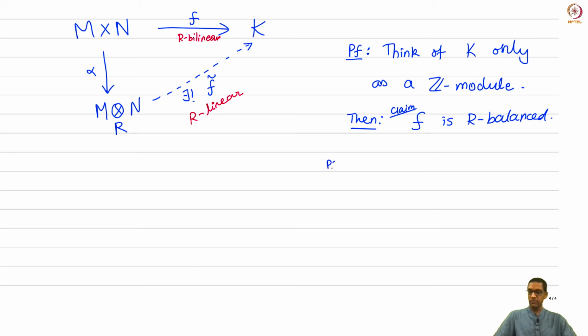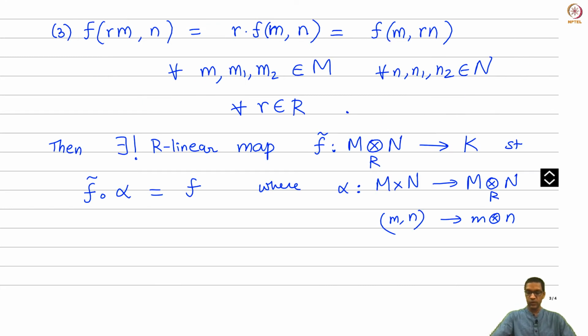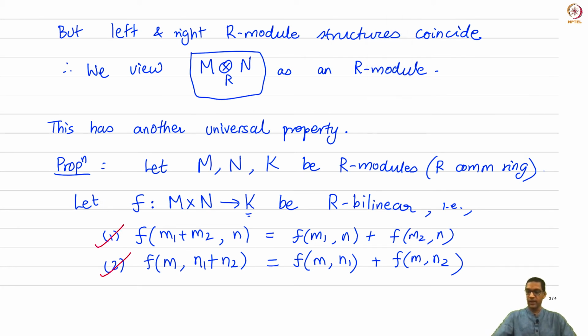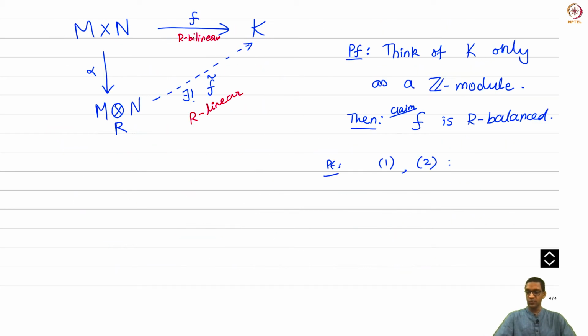Okay, why? Well, the properties 1 and 2 that you need for R balancedness are exactly the bilinearity conditions 1 and 2 that are satisfied. So these are exactly the first two conditions you need. So 1 and 2 are the same as for R bilinearity.